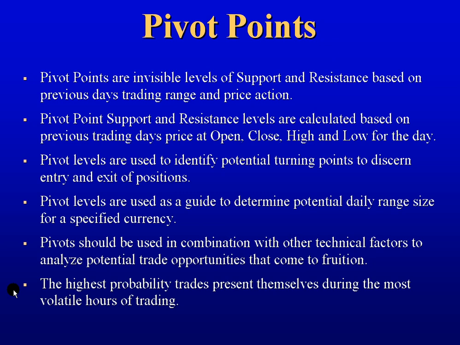We see the highest level of probability during these periods, and in fact we did studies of probability of trades that were made and systems and so forth, and the highest probability trades were at the merge of Asia and early European session.